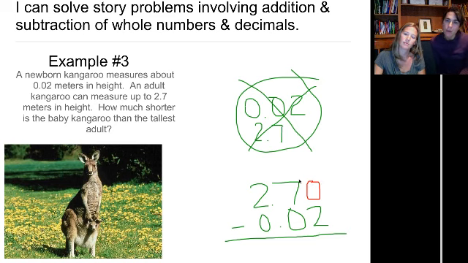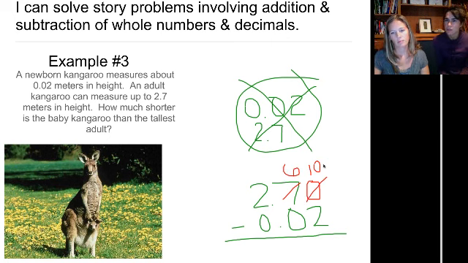And so now we're going to look and ask ourselves, okay, we have 0 minus 2. We can't do that. We need to borrow from our tenths. And so now we have 10 hundredths minus 2 hundredths, and we should have 8 then. Then looking at the next place value, 6 minus 0, we can do, yay.